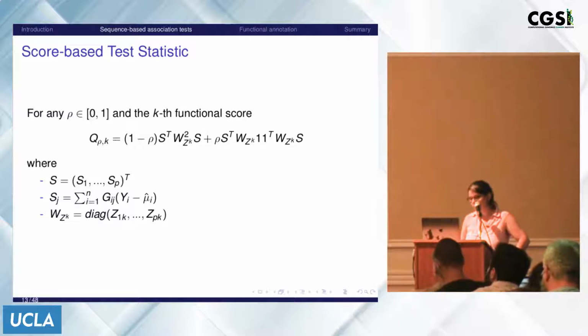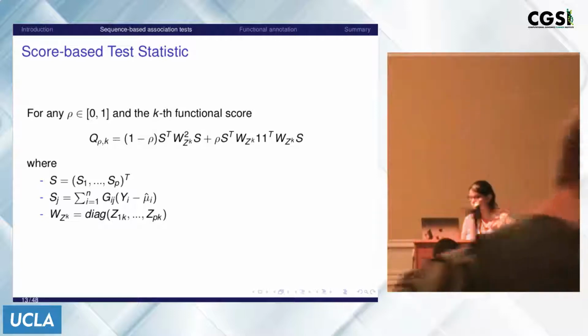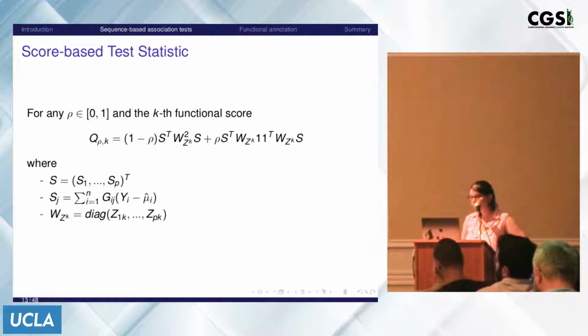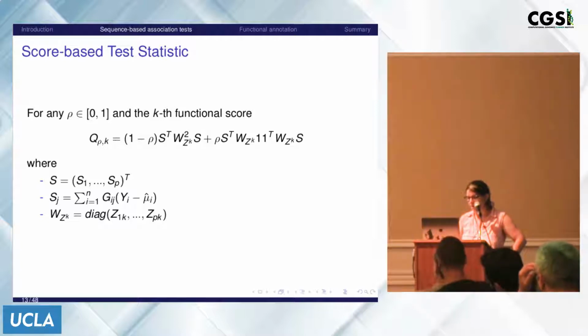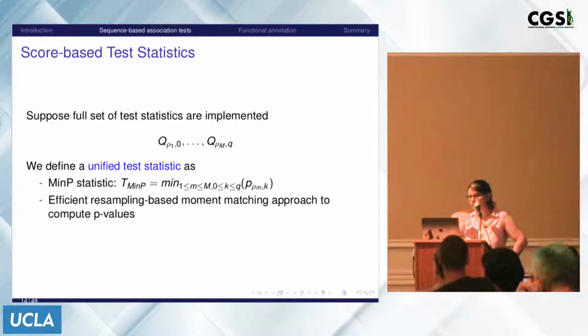For a given correlation rho between 0 and 1 and a given functional score K, we calculate the score statistic Q rho K, which is a linear combination of the burden and the SKAT statistic using this functional score K. Looking across a large number of values of rho and a large number of functional scores, we have a set of score statistics.